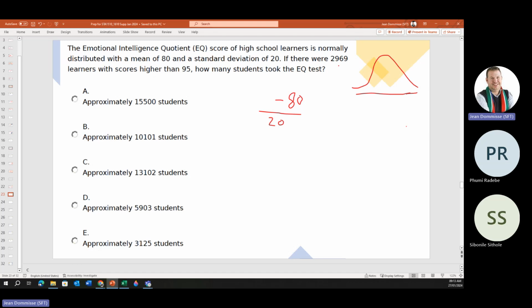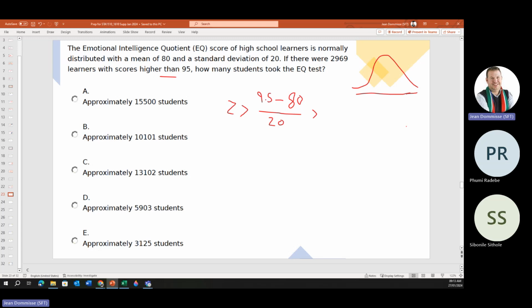If there were 2969 learners with scores higher than 95, how many students took the EQ test? Okay, so let's first work this out. So Z, and they tell us higher. Let's first work out what that Z value is.